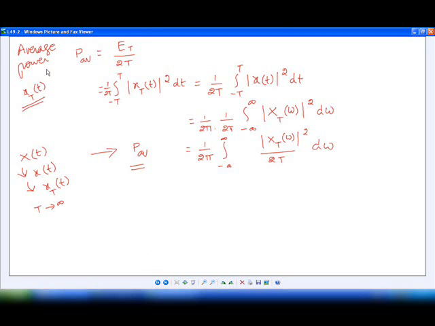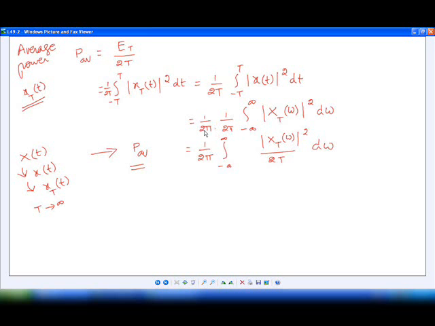So the average power of x_T of t is the P average, that is E_T divided by 2T. We are dividing the energy by the time duration. This is equivalent to this much, and that can also be written as this.